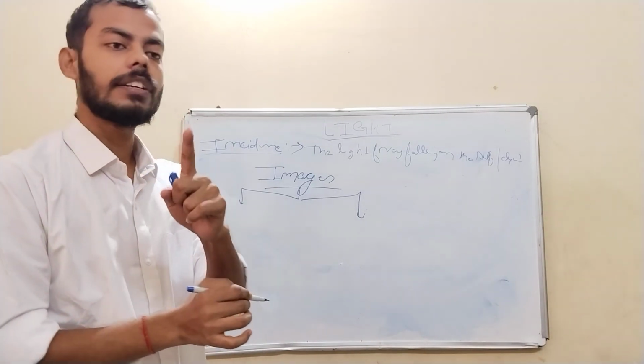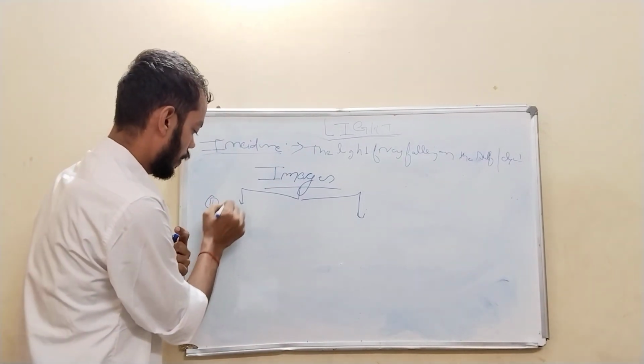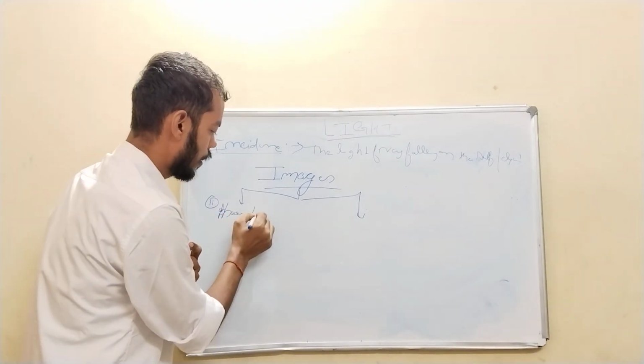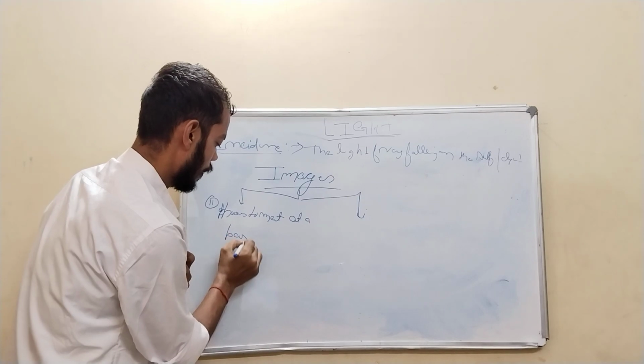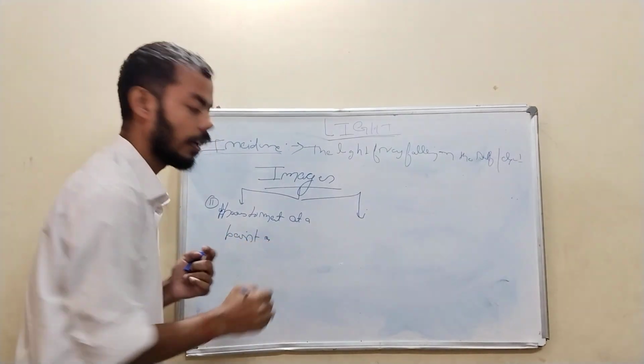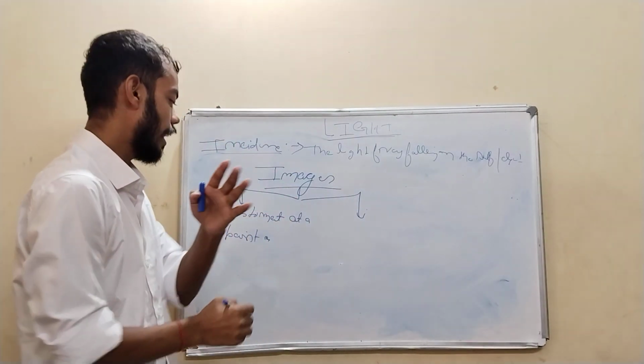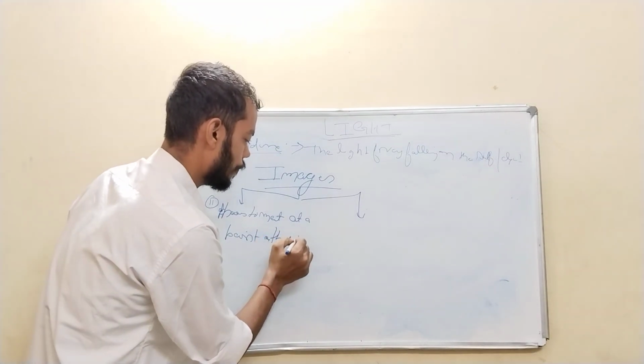When the two reflected rays only appear to meet at a point, but do not actually meet in reality, then that type of image is formed.